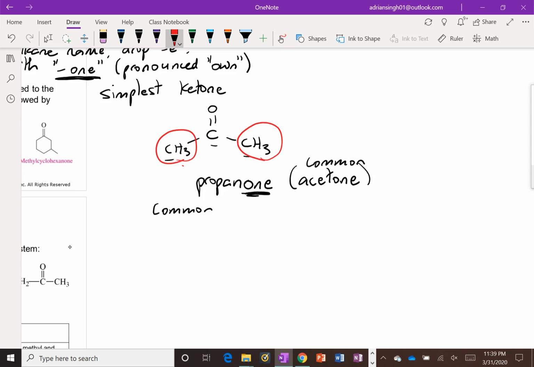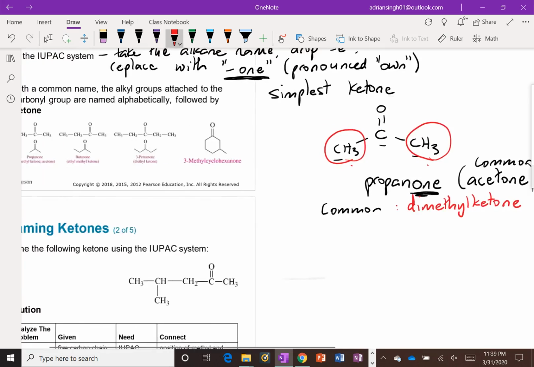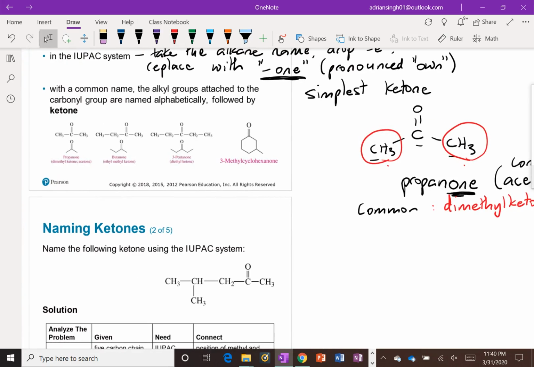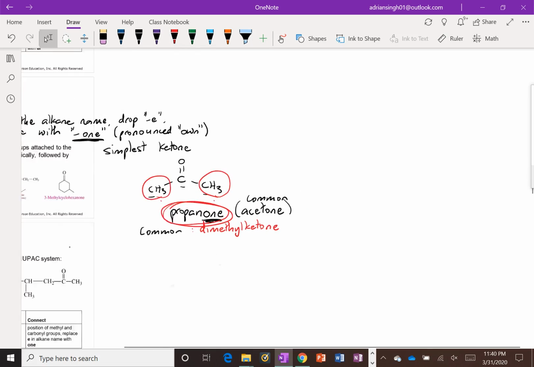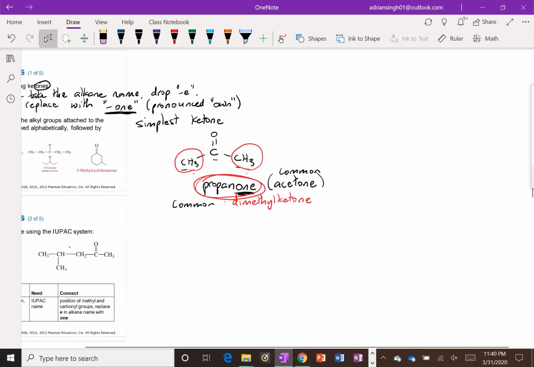So we see here that there are 2 methyls, so we can also name this as dimethyl, and then we just have the word ketone at the end. So dimethyl ketone would be another name for propanone, right? Propanone would be the preferred way to name that, because that's the systematic way to name your ketones.